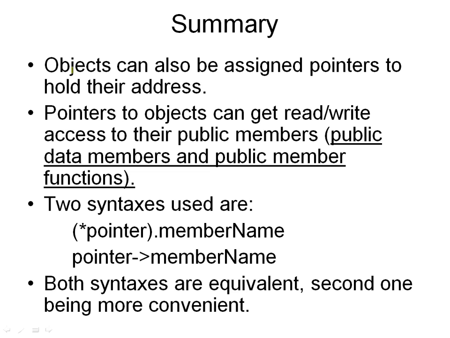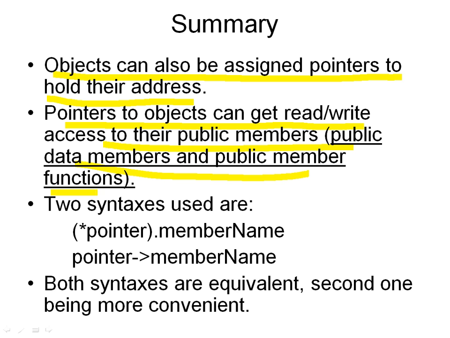So here's the summary. Objects can also be assigned to pointers to hold their address. Pointers to objects can get read and write access to public members, which could be data members and public member functions. And there are two syntaxes that are used.